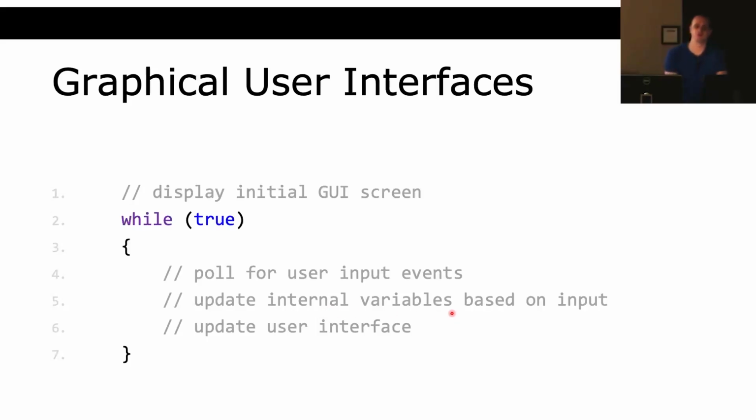So for example, if I have some text box and I've typed into it, I'm going to add those character keystrokes to the text box, change the font, whatever I have to do. And then based on the update of those variables, I'm going to update the user interface somehow. So very similar to what we just did for a console program, but now it's in a user interface. And of course, this ignores all sorts of things about threading, etc. So this is just single-threaded continuous code.